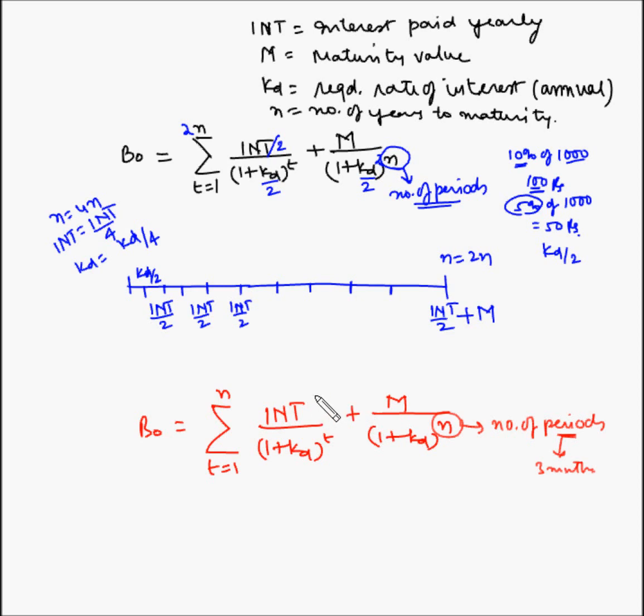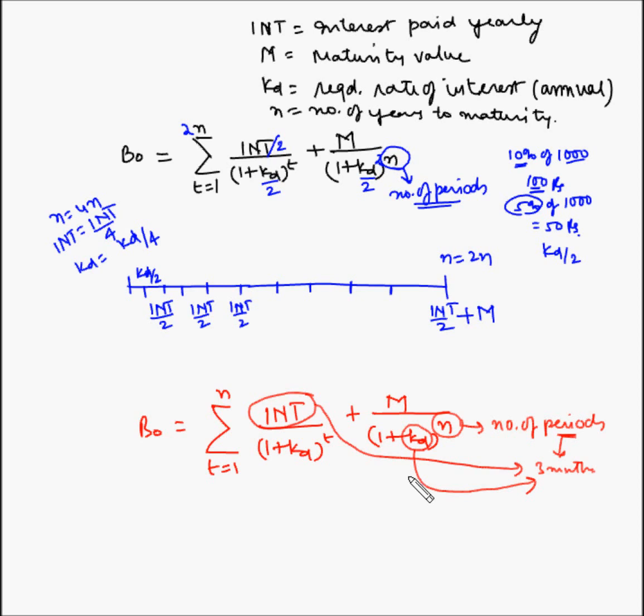Now, if interest is given in yearly format, we should convert interest into the quarterly format. If KD is given in yearly format, we should convert that also into the quarterly format. Then we just have to remember one formula, and not get confused by whether we should use INT divided by 4, KD divided by 4 and so on, and we logically enter the values for interest, rate of return, and number of periods.